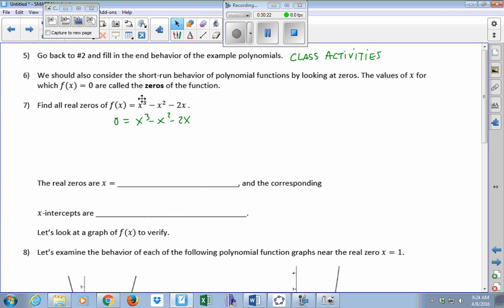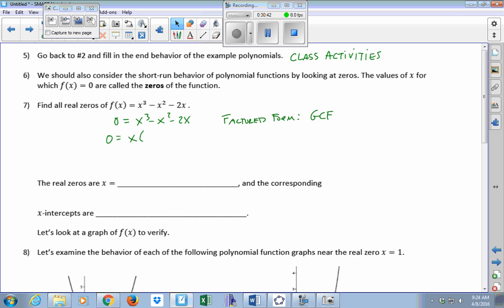Since that's a cubic equation, a polynomial equation, we did these way back in chapter 1. The only way you can do this is to put it in factored form and then set each factor equal to 0. And the only way to factor this is that famous friend of yours, the greatest common factor.